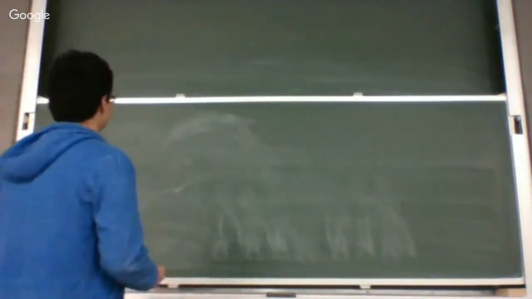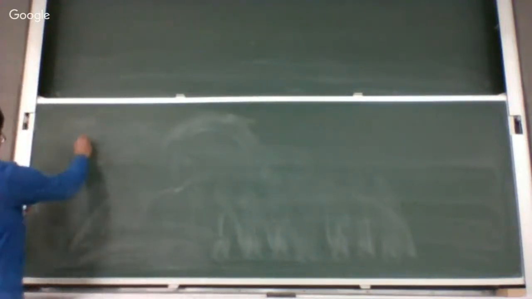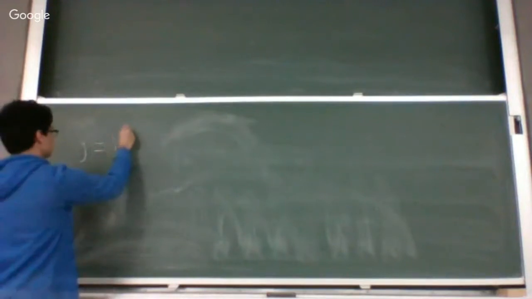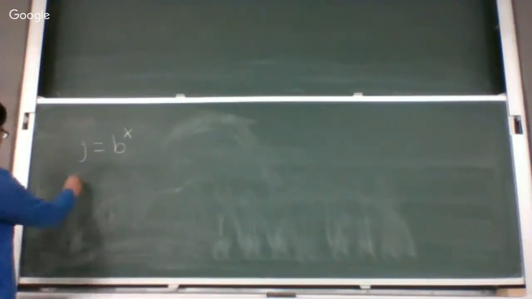So just quickly, what a log is. If you have the equation y is equal to b to the power of x, did they show you guys this on the very first day when they introduced logs? Okay.